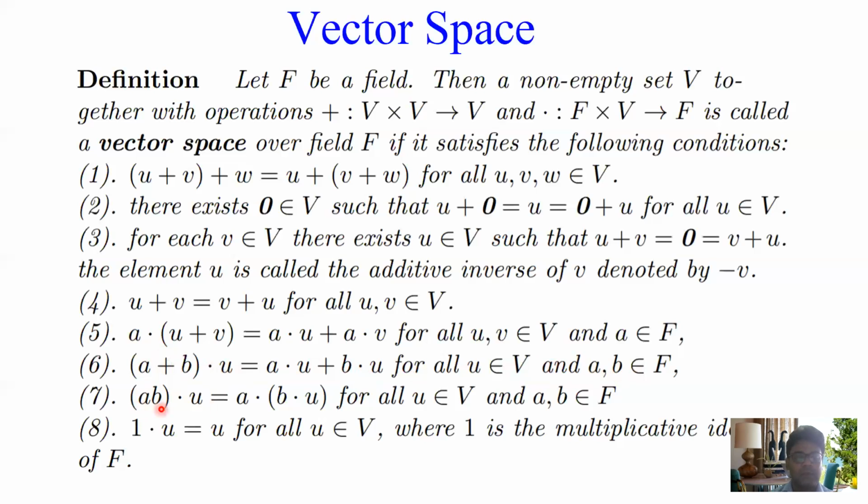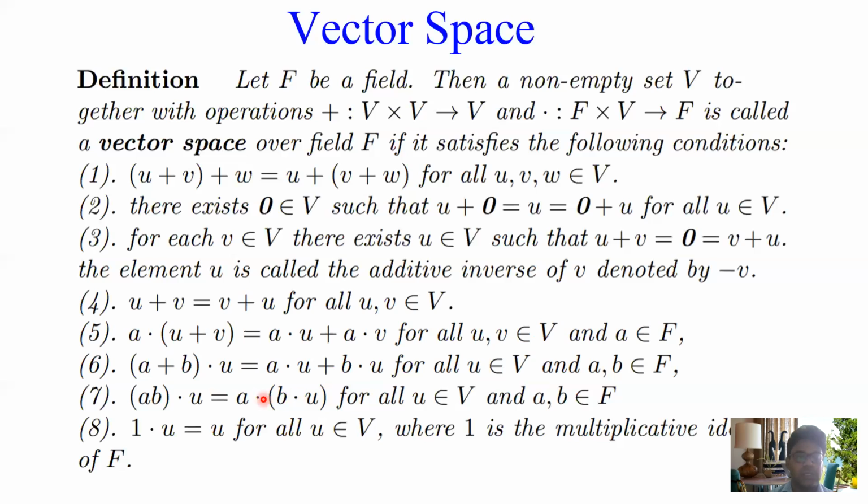Number 7, (AB) dot U is equal to A dot (B dot U). So already you know from the vector concept that the operation, always dot or cross, both parts should be a vector.